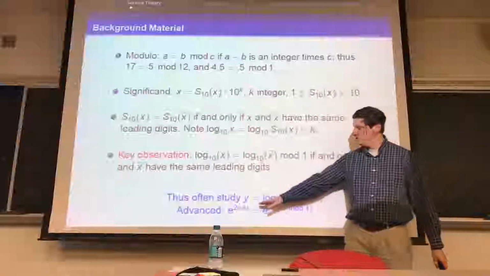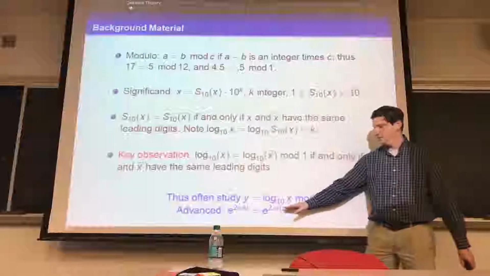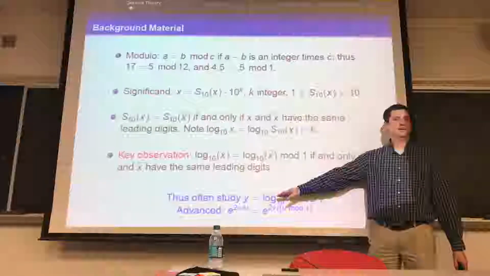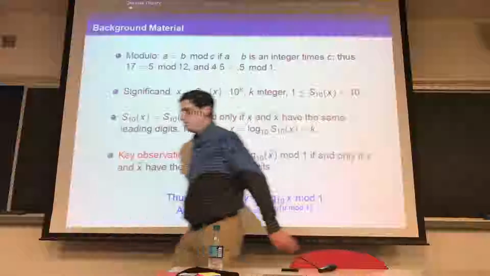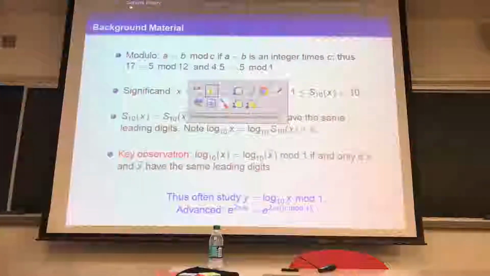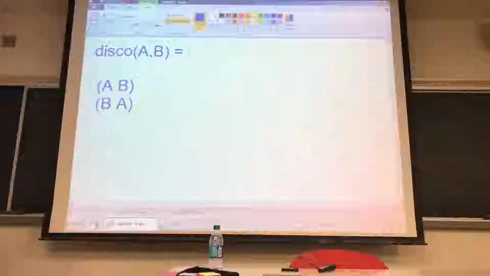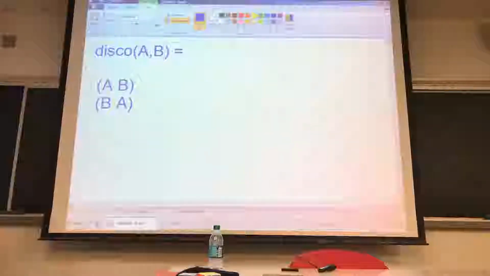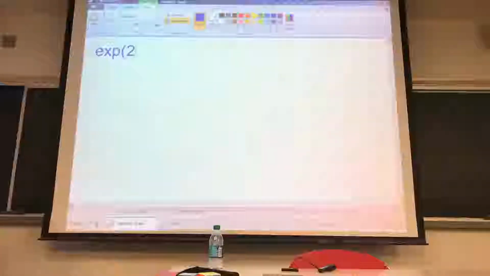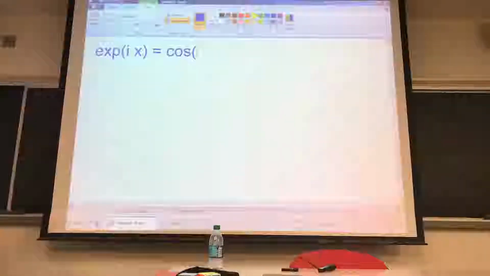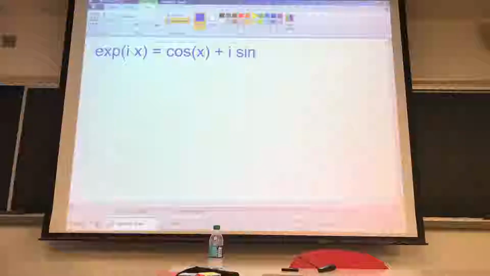If I have e to the 2 pi i u, has everybody seen this notation, e to the 2 pi i u? Okay, so e to the i x is cosine x plus i sine x.